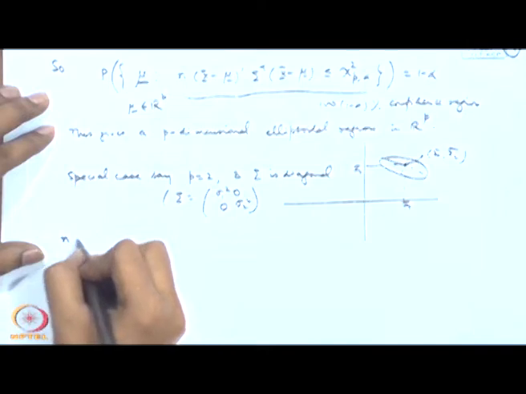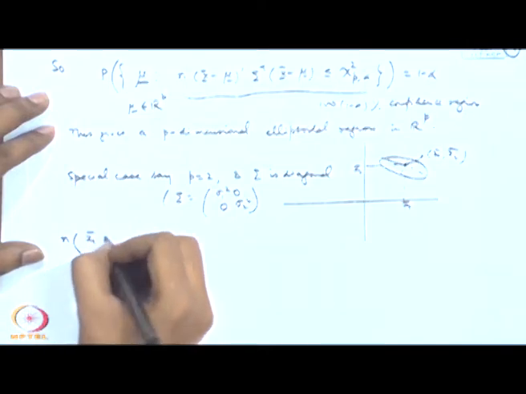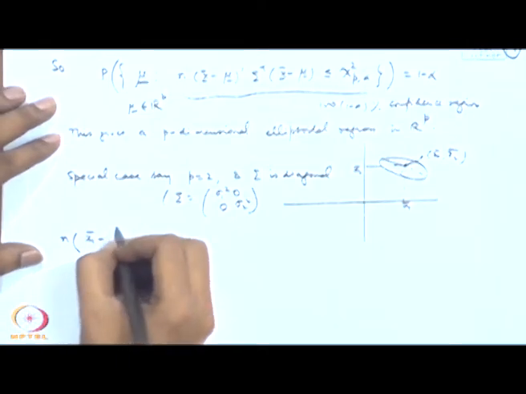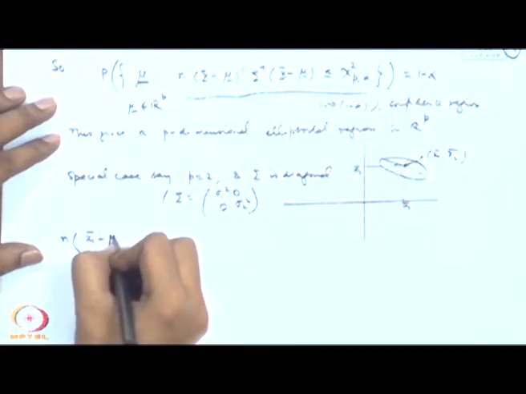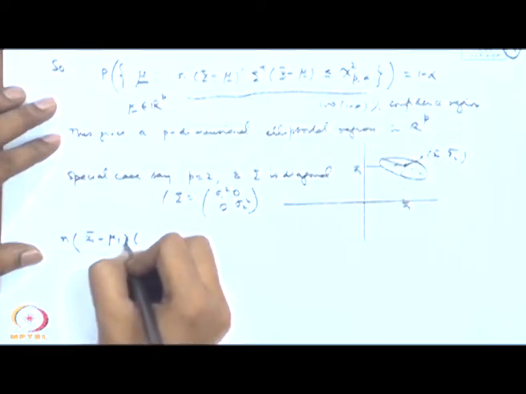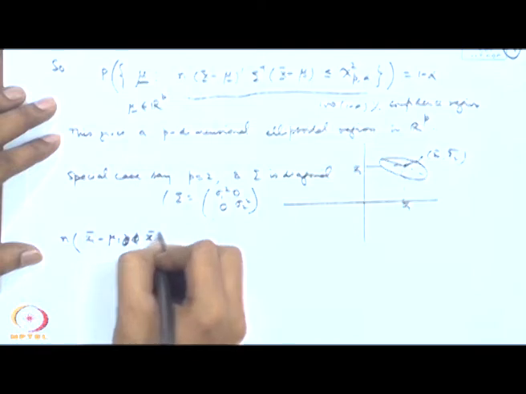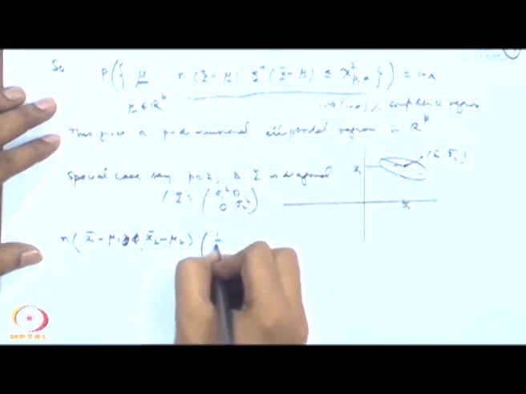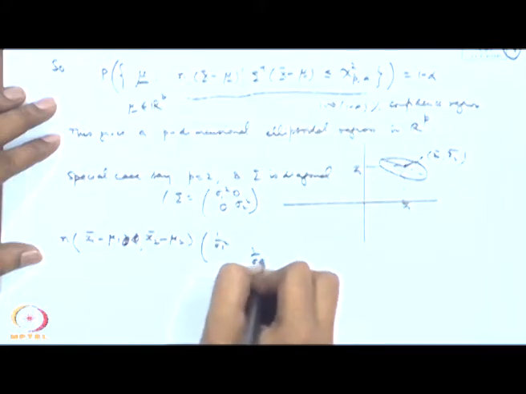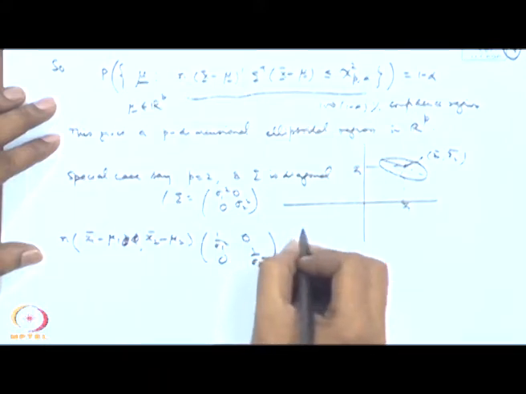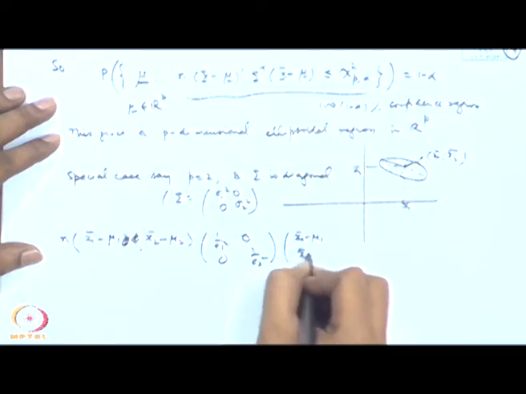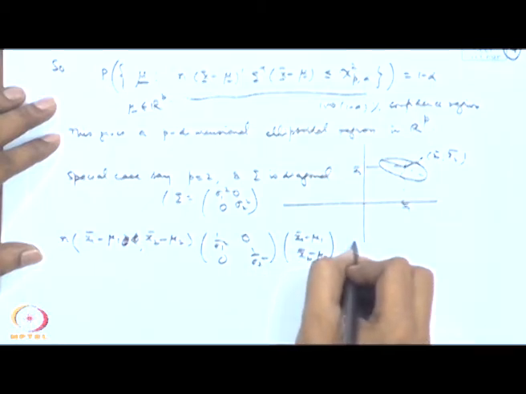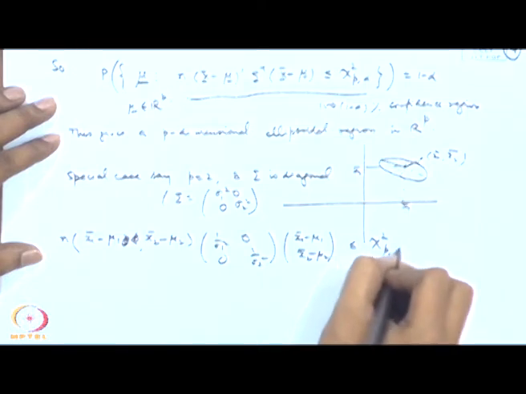This will become n (x 1 bar minus mu 1, x 2 bar minus mu 2) times the matrix with entries 1 by sigma 1 square, 1 by sigma 2 square, 0, 0, times (x 1 bar minus mu 1, x 2 bar minus mu 2), less than or equal to chi square p alpha.